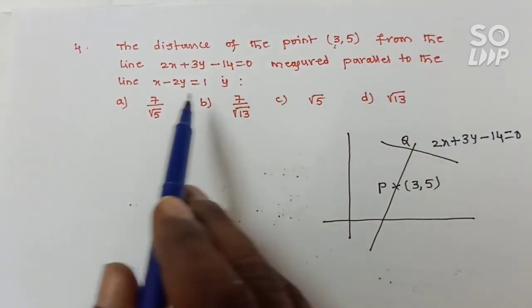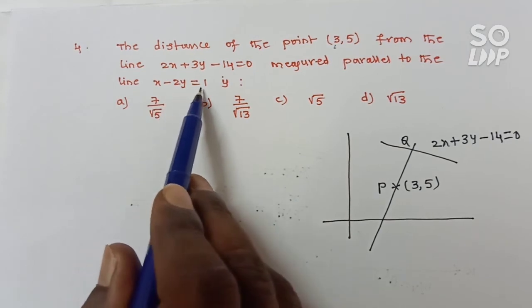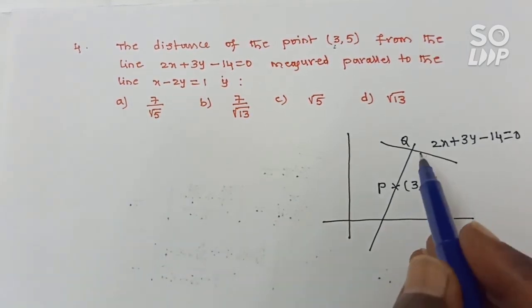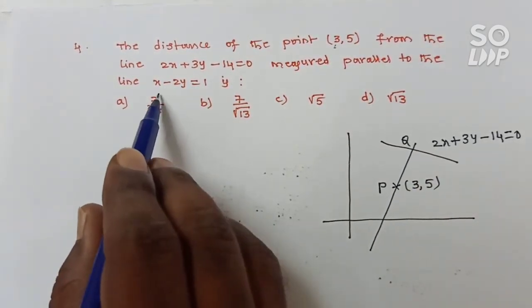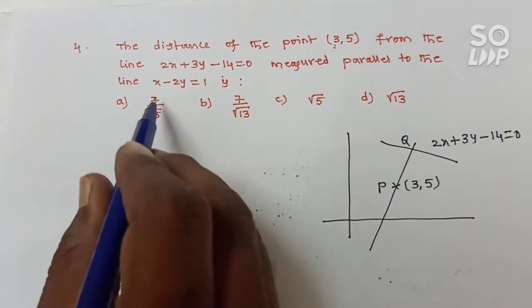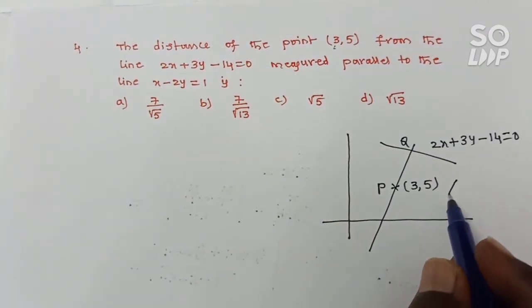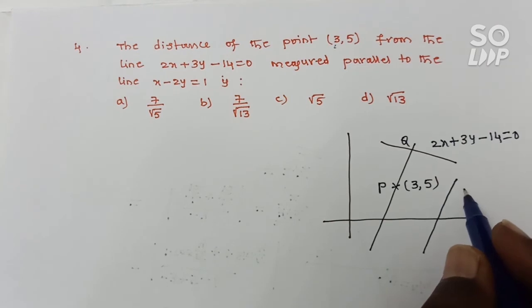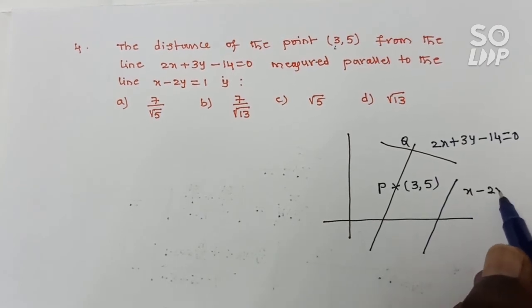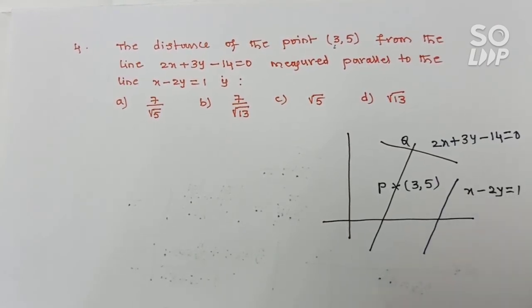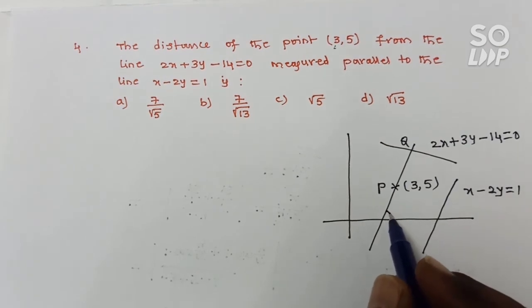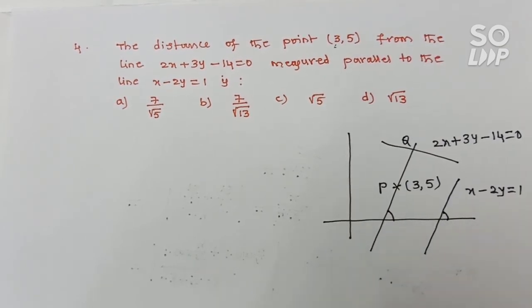Measured parallel to the line x minus 2y equals 1. That means this line is parallel to this one, meaning both the lines' slopes are equal. That means this is x minus 2y equals 1. Right? Now here this angle and this angle are equal.